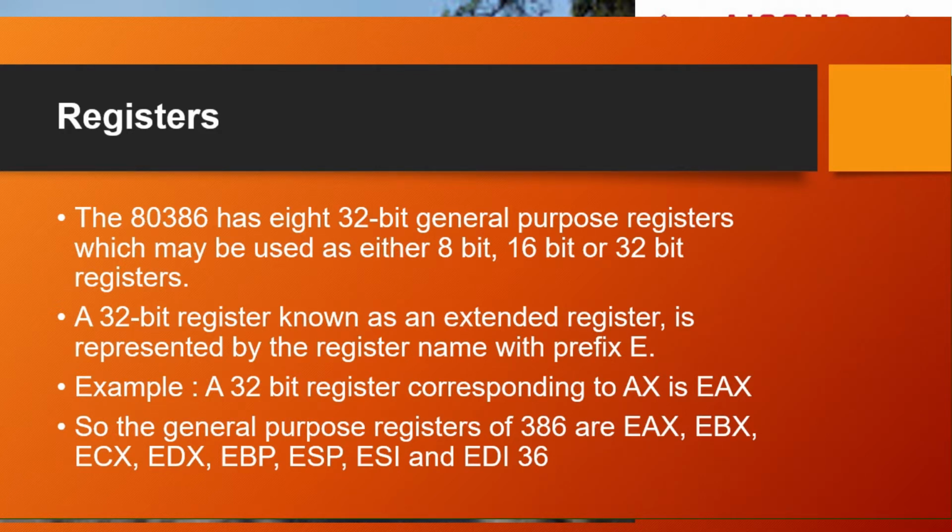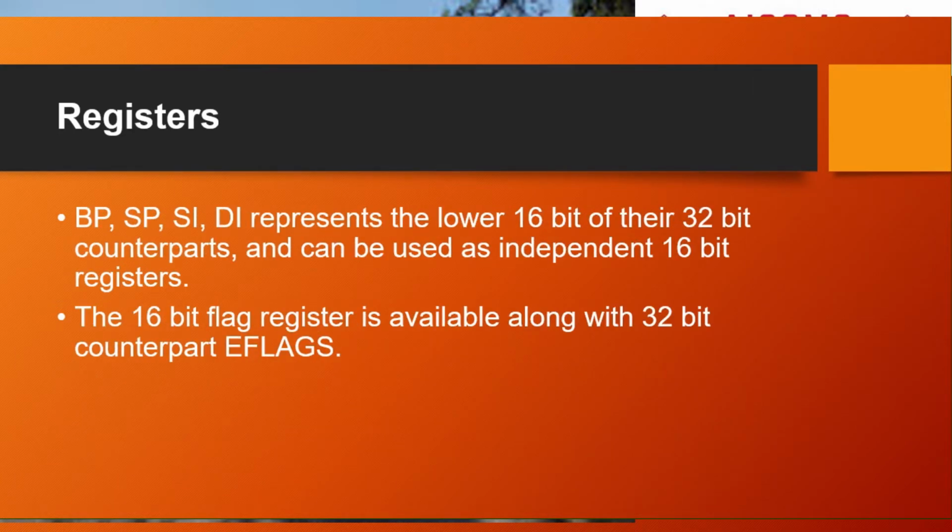The general purpose registers in 80386 are EAX, EBX, ECX, EDX, EBP, ESP, ESI, EDI. All these are 32-bit registers which are used for application level programming in assembly language. The other registers BP, SP, SI, and DI are also represented as EBP, ESP, ESI, and EDI.